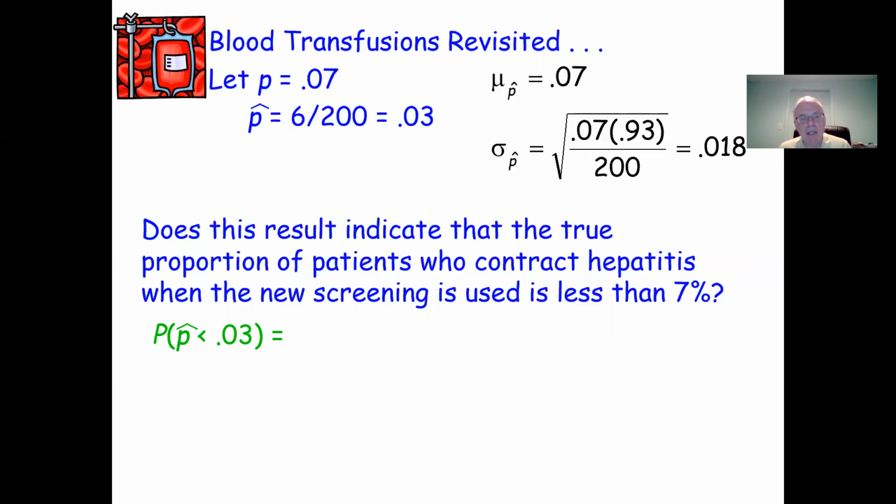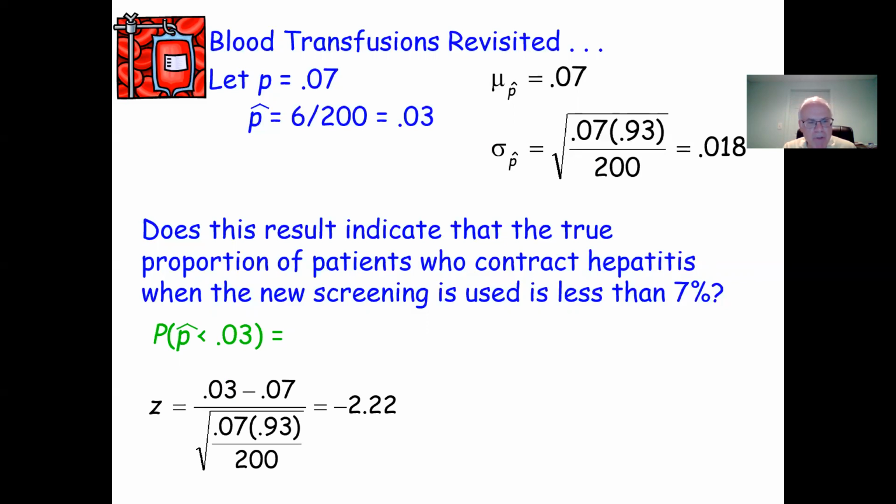We want to see if a sample result, in this case of 0.03 or less, is likely or unlikely given that we're assuming a 7% hepatitis rate. That's the population result that we're assuming.